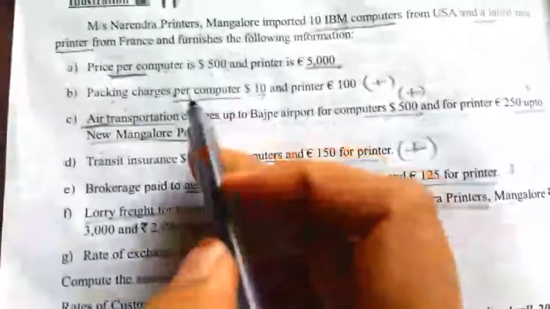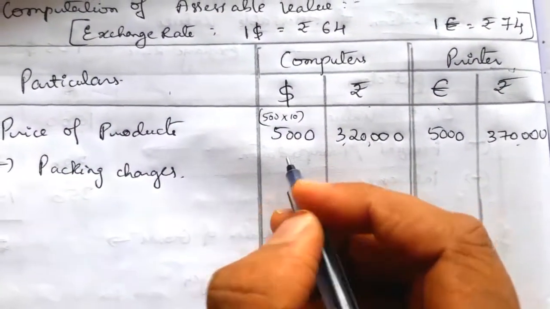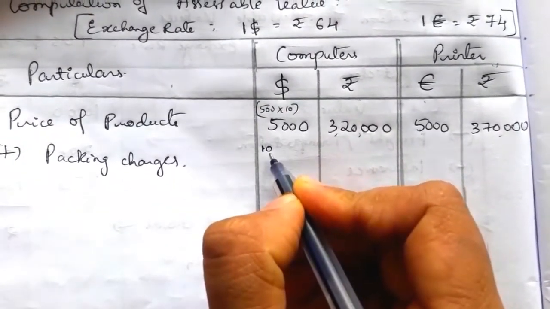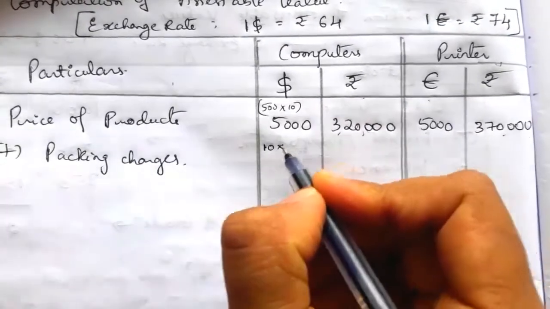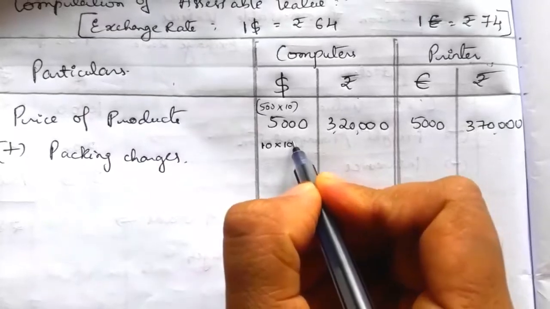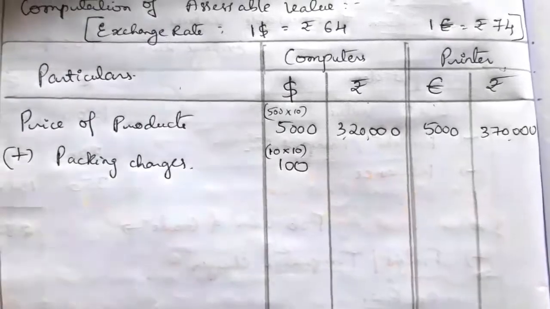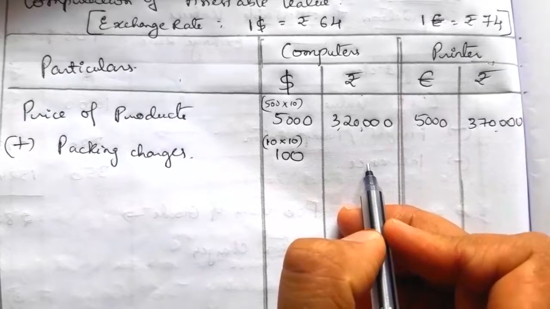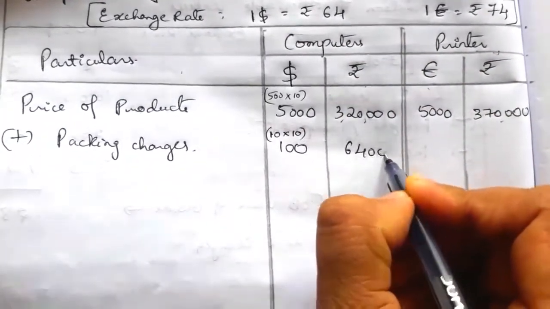So here packing charges they have given $10 for computer, that is per computer $10. So it means we have to multiply into 10. The $10 is the cost of packing charges for one computer. There are total 10 computers imported. So 10 into 10, total packing cost they have incurred is totally $100. So if you convert this $100 into rupee, that is 100 into 64 is equal to 6,400.